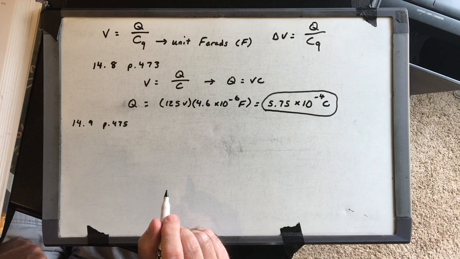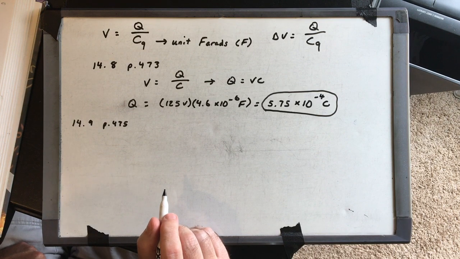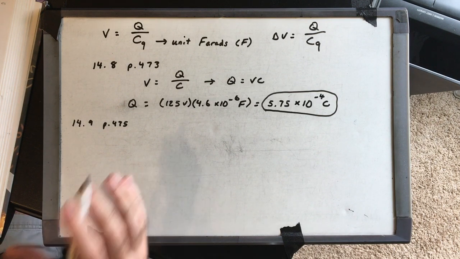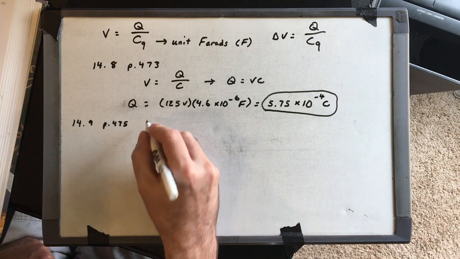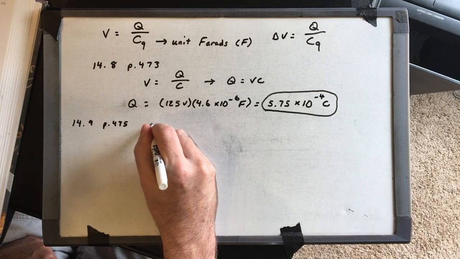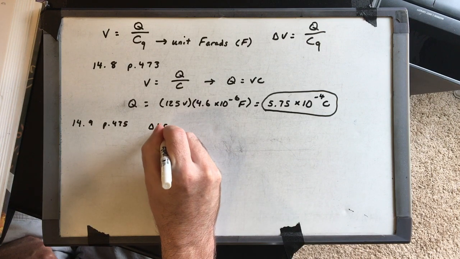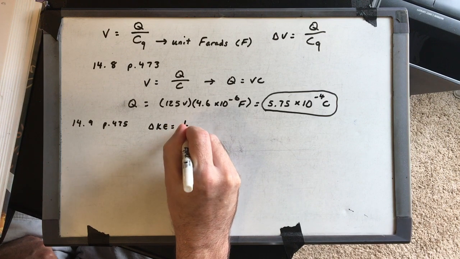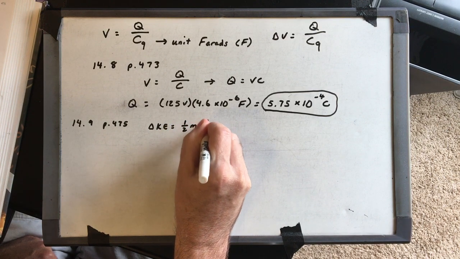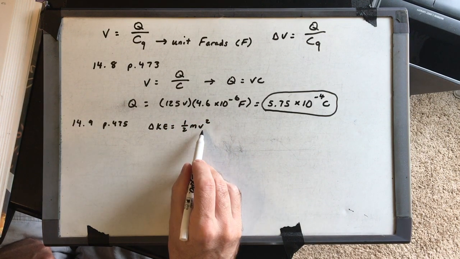If the capacitor holds 12 millicoulombs of charge on its positive plate, how fast will the proton be moving when it reaches the negative plate of the capacitor? If you want to know how fast, you're going to have to get the change in the kinetic energy, because that's 1/2 mv squared. That's our formula that has velocity in it.